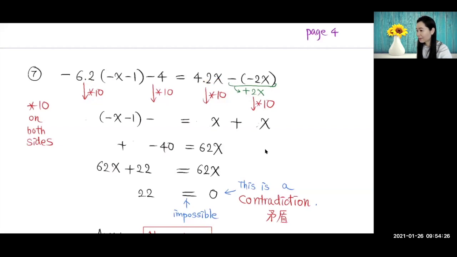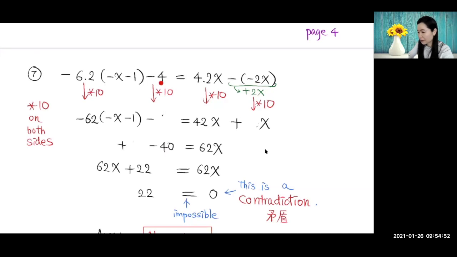So we multiply by 10 on both sides. Times 10 on both sides, you move the decimal point one place to the right. So this will be negative 62. And this one here will be 42. Now don't forget here, okay? You times 10 with every term on both sides of the equation.